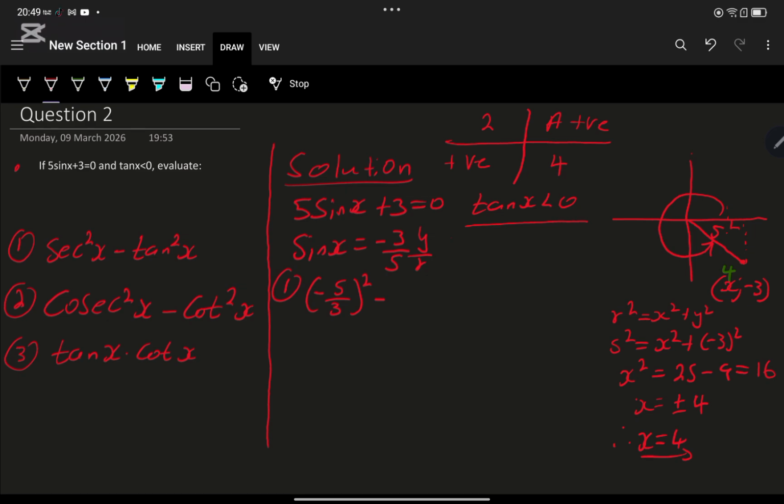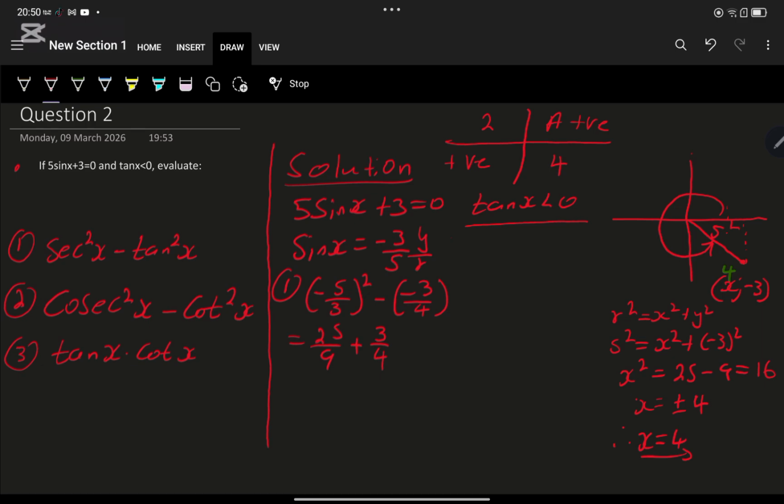The ratio of tan is y over x, so that is negative 3 over 4. And therefore, we can now simplify that. Negative 5 over 3 squared, that is 25 over 9, minus negative 3 over 4 squared, that will give us plus 3 over 4.